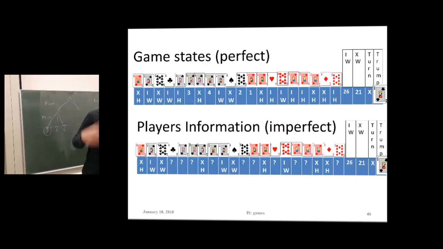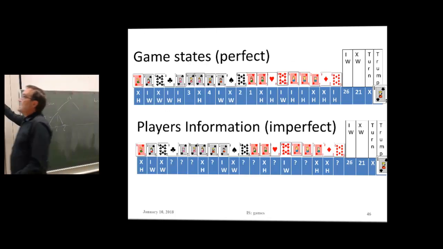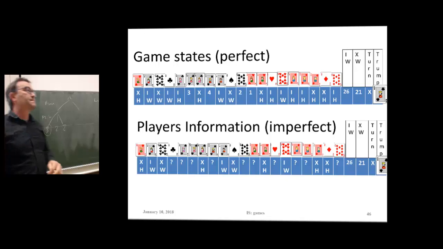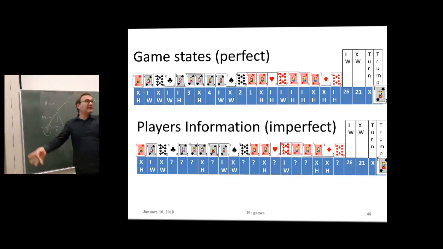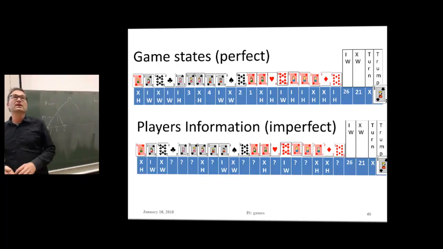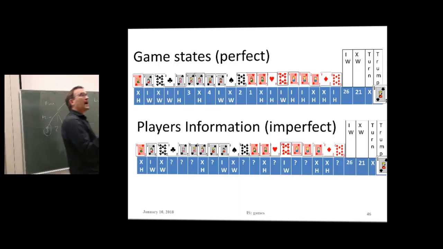So I showed you this slide before. The information is available, there is no element of chance coming anymore. So once the cards are distributed, it's a fully deterministic game. But for the player, and basically that's you when you implement your intelligent game engine, your bot, you only know the cards in your own hand and the trump card.